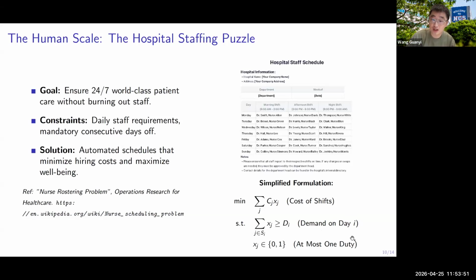But I should say that this type of constraint is much simplified in this case. I'll just show it as an example, and you could check the nurse rostering problem. You can also find related references on Wikipedia.